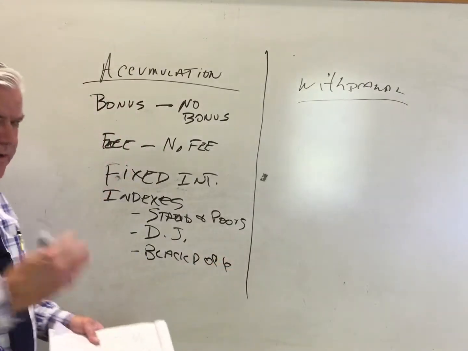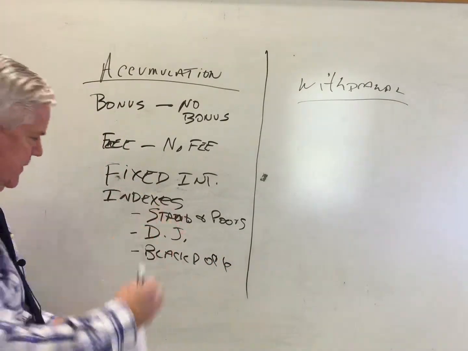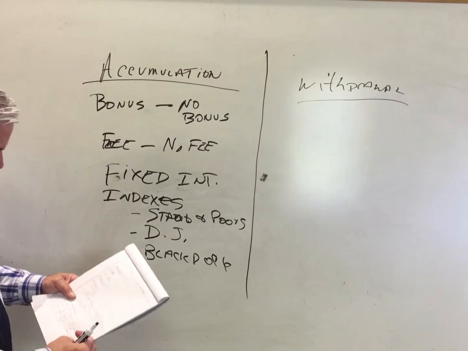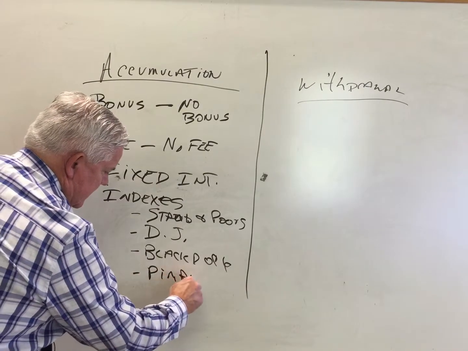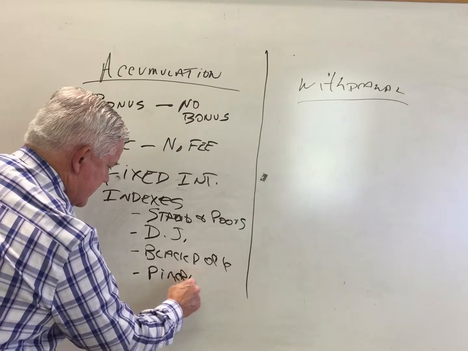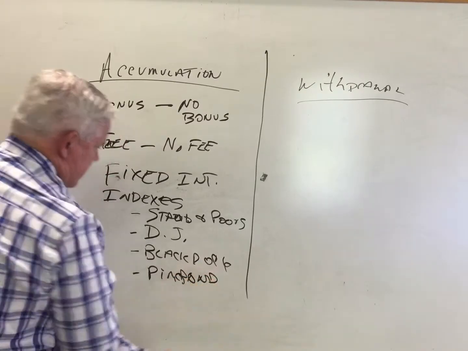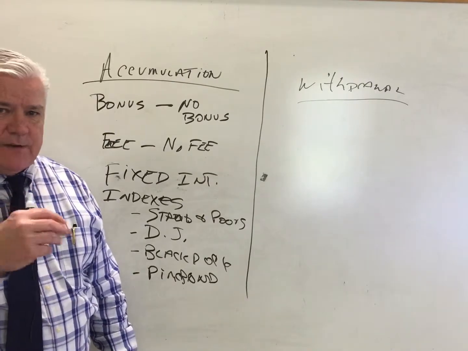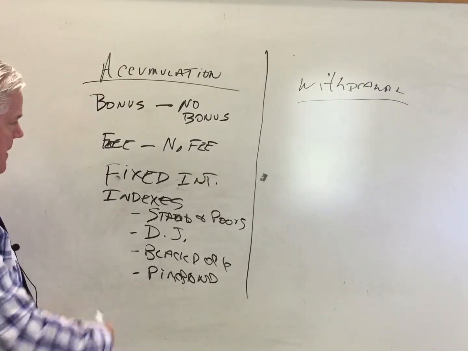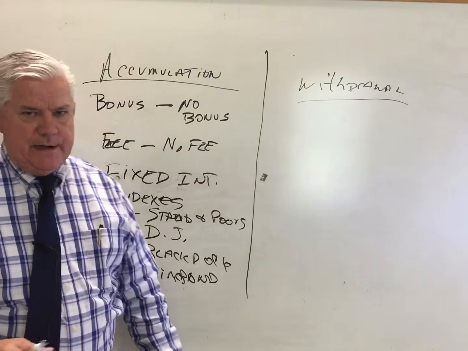Companies come out with all different sorts of indexes to do crediting methods. You've got the PIMCO bond index. Basically, companies create these different indexes and track them to add money to an annuity.